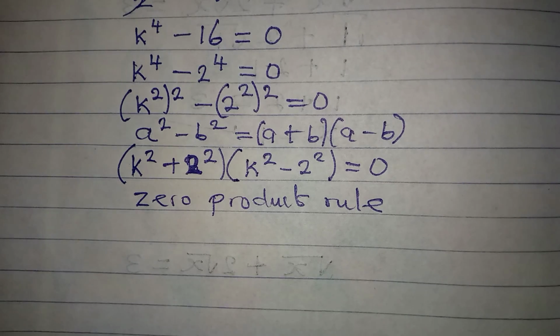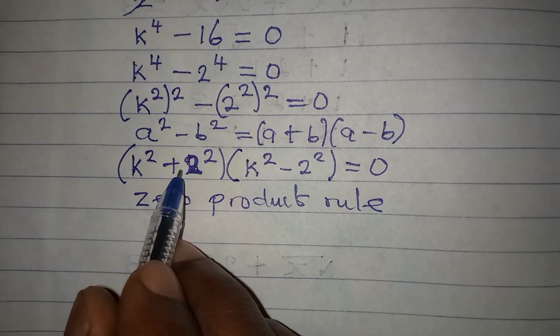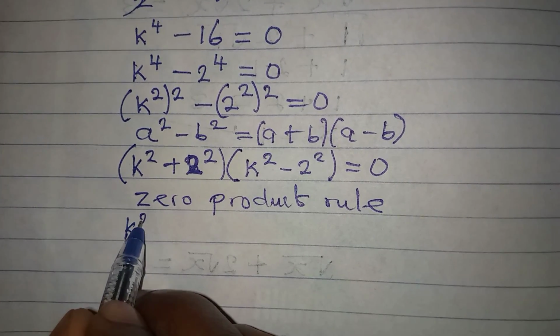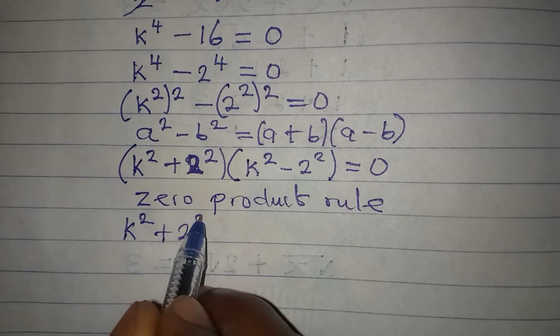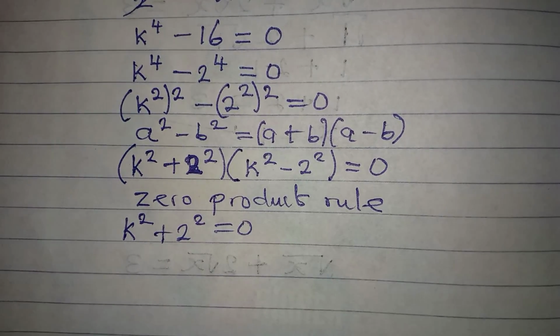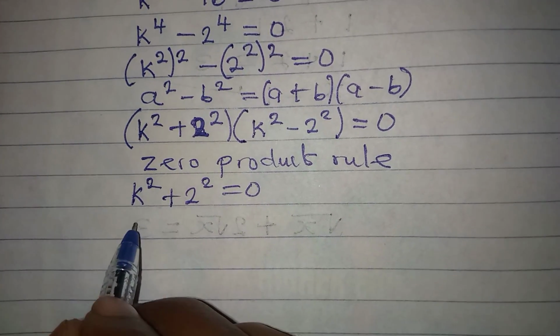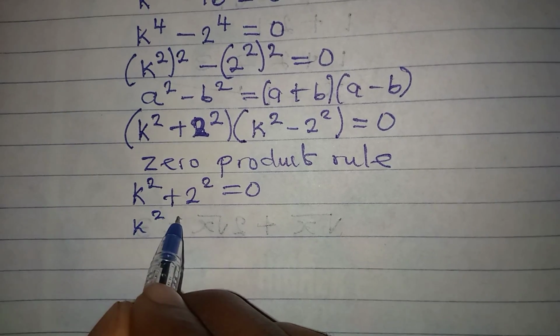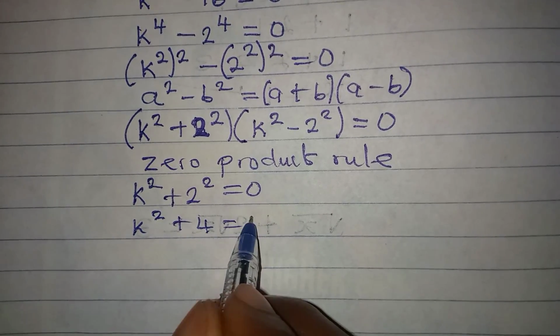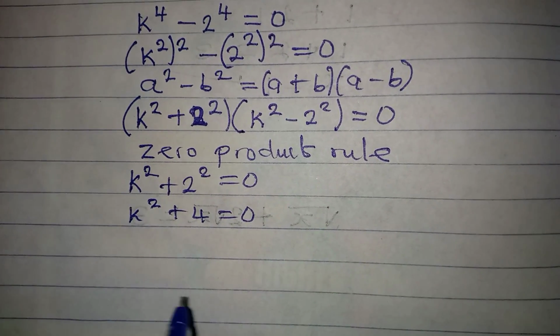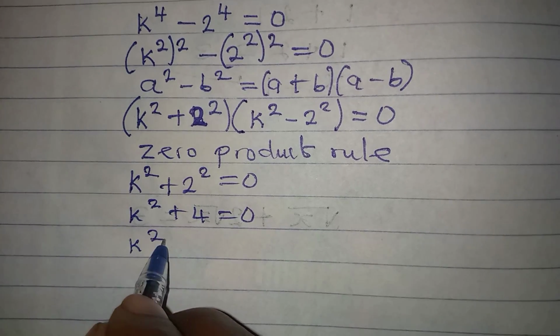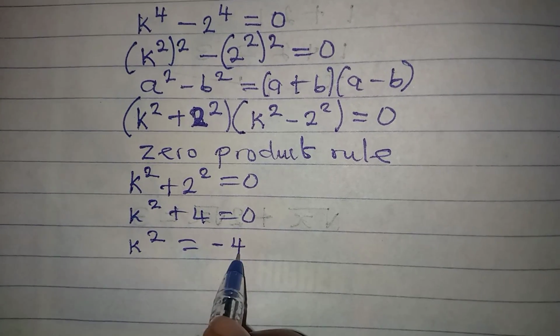That's what we are going to do. Picking the first factor here, we have k squared plus 2 squared equal to 0. From here, we have k squared plus 4 equal to 0, right? Now, this means that k squared is equal to minus 4.